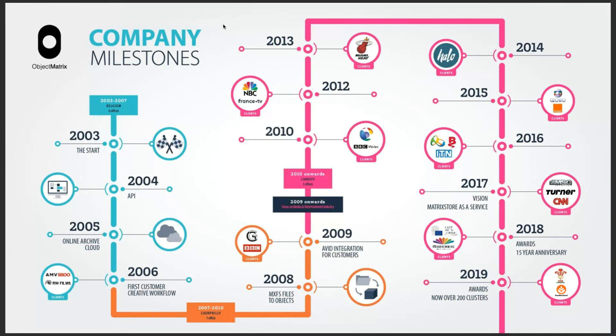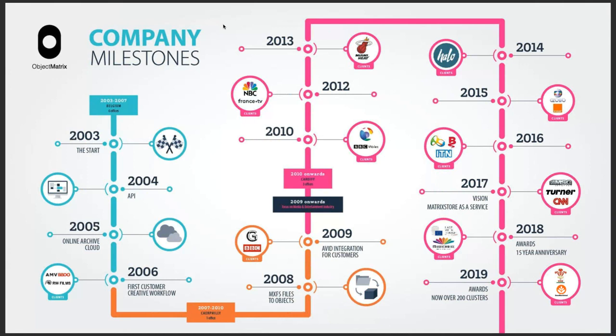In 2006, however, we did pick up our first couple of customers within the media industry and the creative workflows. So we then spent a few years out there making sure that our systems were more suited for the media industry. In 2009, we set up our Avid integration, and that really helped us leapfrog into larger companies and more media focused.